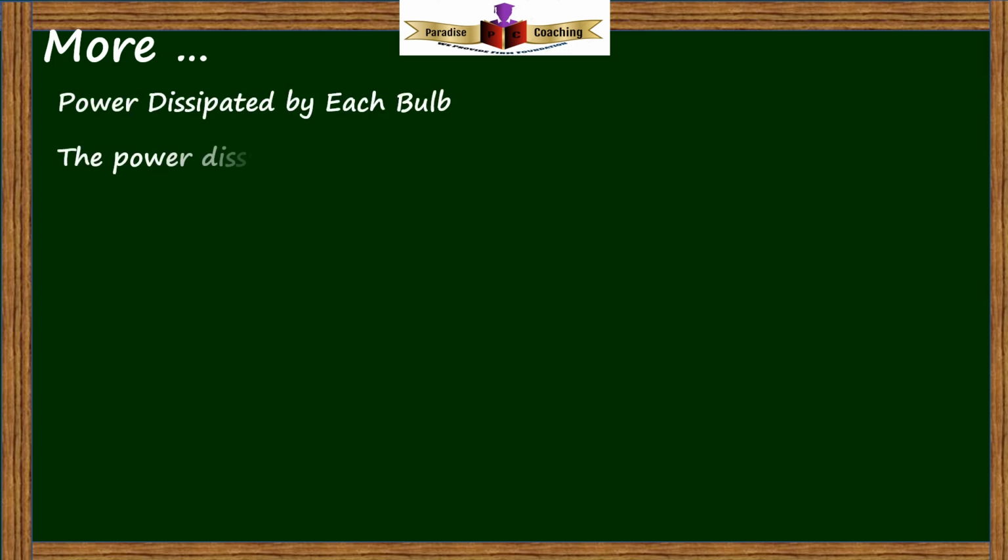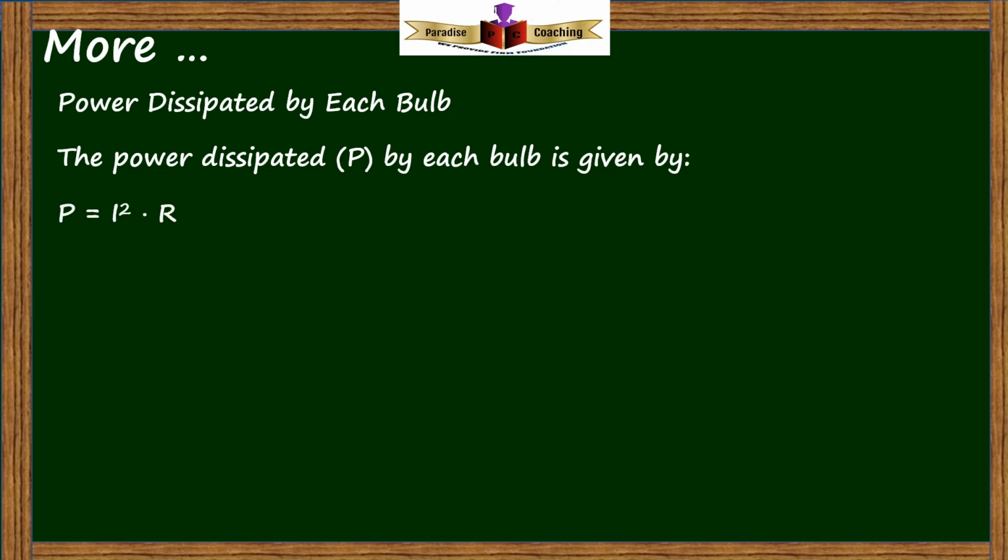We can support our conclusion further by calculating power dissipated by each bulb. The power dissipated by each bulb is given by power P equals current I squared multiplied by resistance R. Let's calculate power dissipated by each bulb.